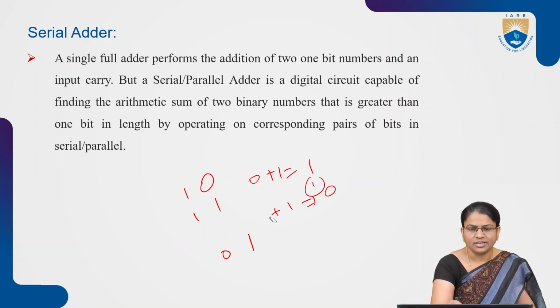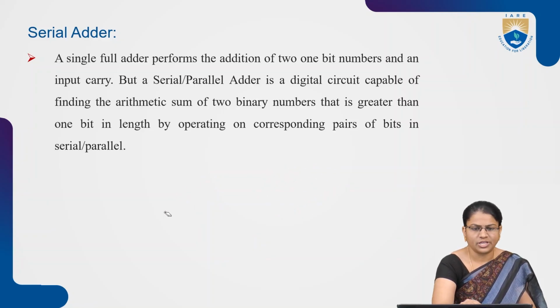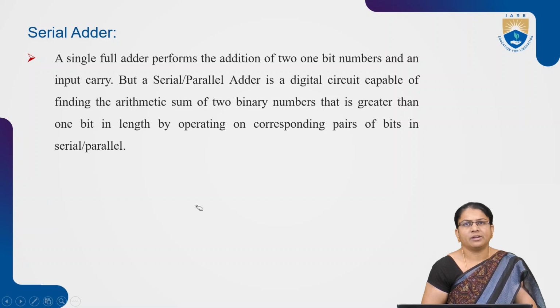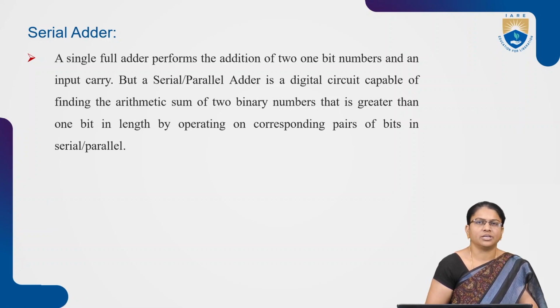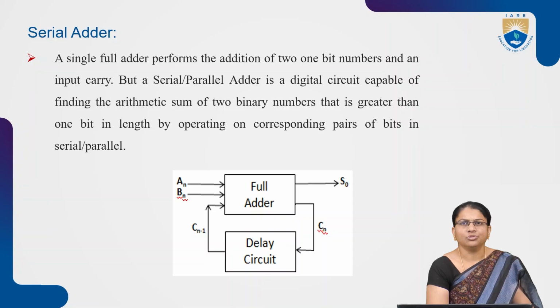So we have to add two 1-bit numbers and an input carry, but a serial or parallel adder circuit is a digital circuit capable of finding the arithmetic sum of two binary numbers greater than 1 bit in length by operating on corresponding pairs of bits in serial or parallel. Let us take a full adder circuit considering a delay. The full adder has 3 inputs, and the delayed output is connected back to the input.